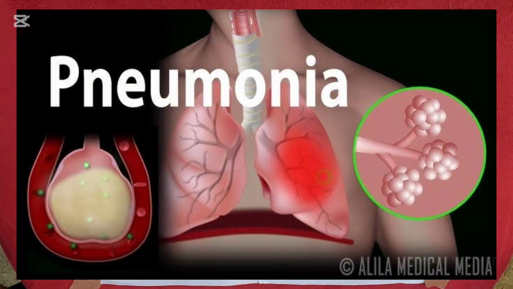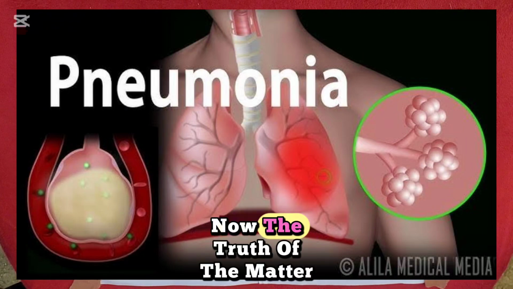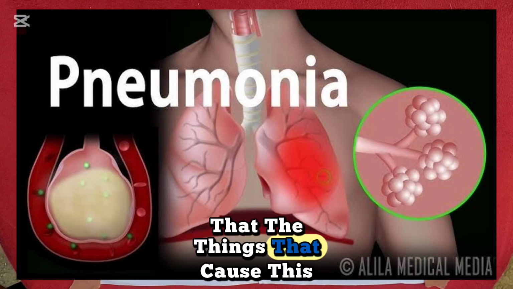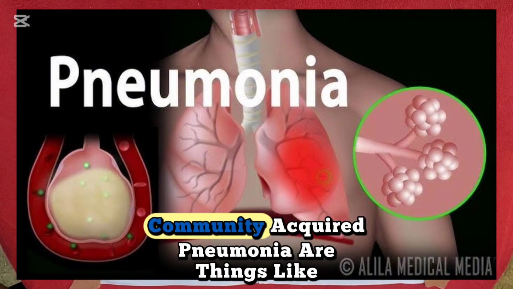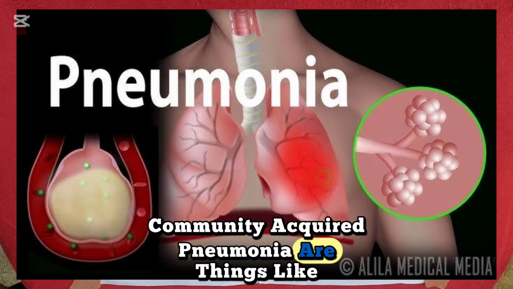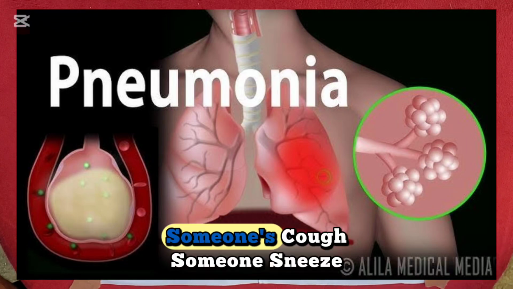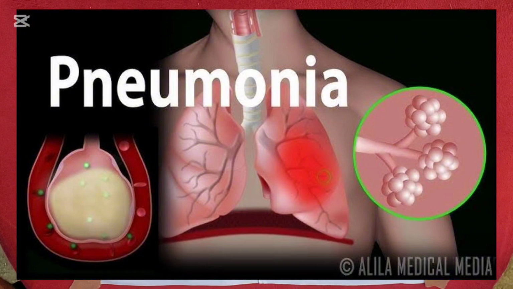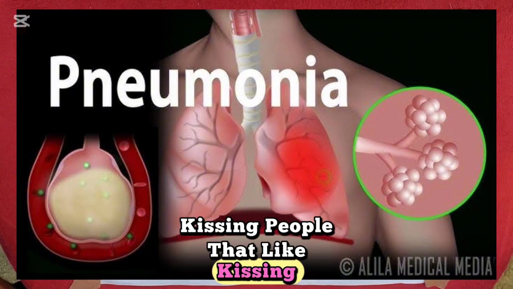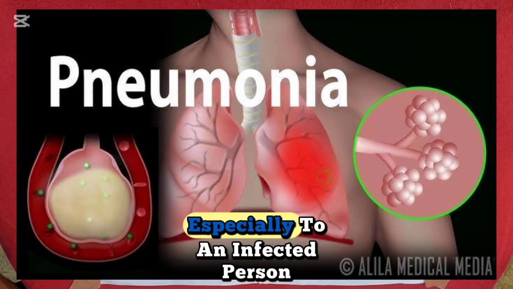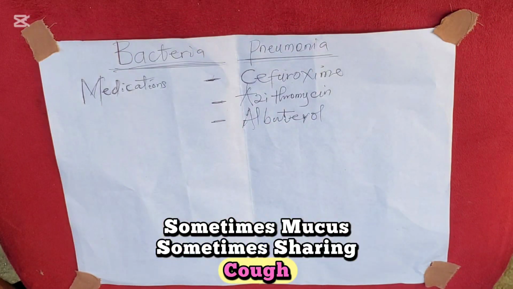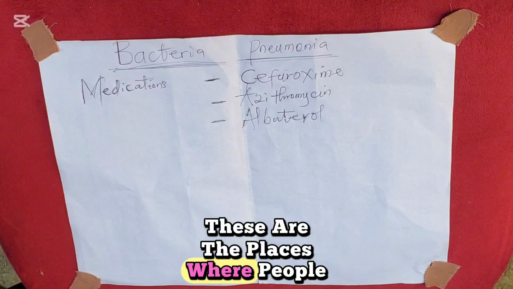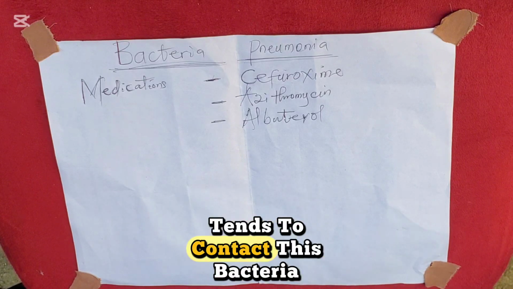Now, the truth of the matter is that the things that cause this bacterial pneumonia, or you can call it community acquired pneumonia, are things like cough, someone sneezing, kissing. People that like kissing, sharing saliva, especially with an infected person, sometimes mucus, sometimes sharing cups. These are the places where people tend to contract this bacteria.